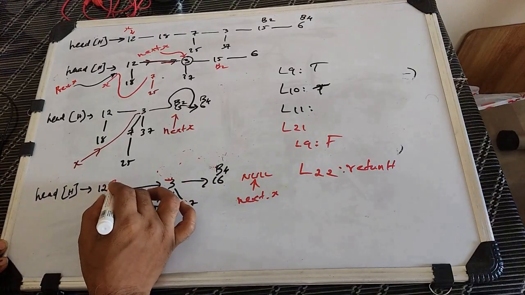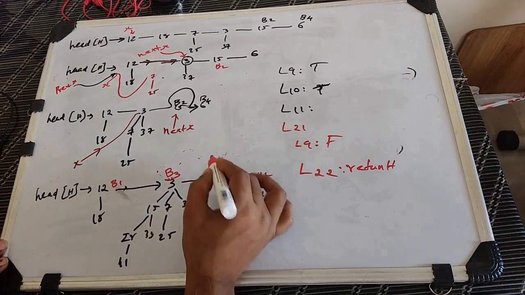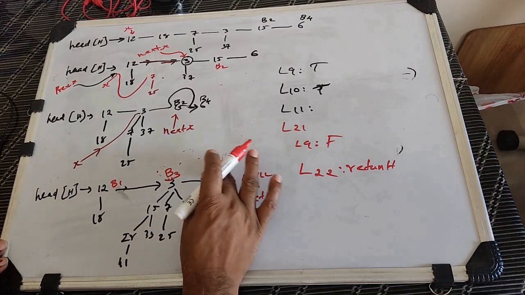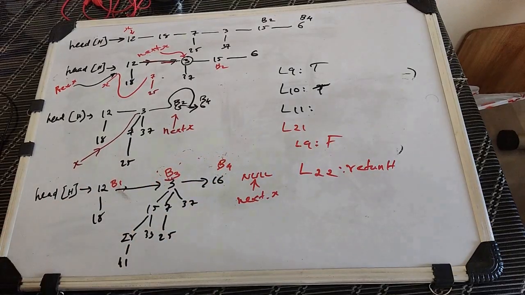This is a B1, this is B3, and this is B4. We got a standard heap.